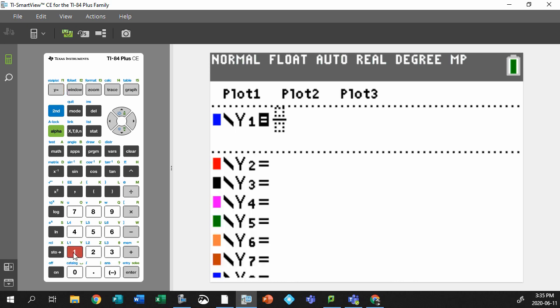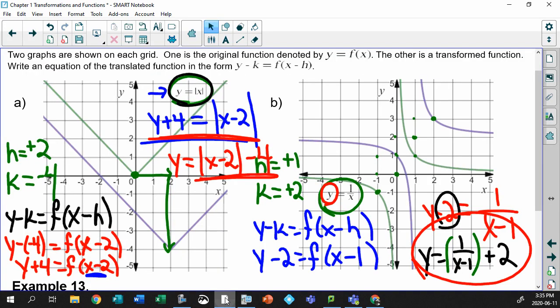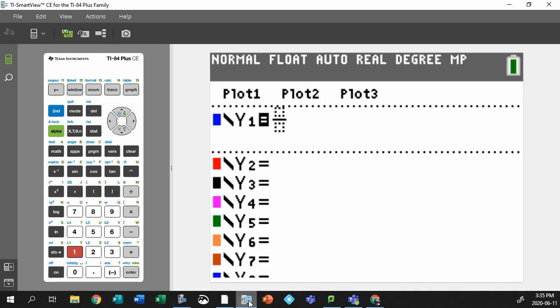If you press 1, watch what happens. There's your numerator. Do you remember what your numerator was? Your numerator was 1, and your denominator was x minus 1. You could put in 1, and then mouse down here and put in x minus 1. Then hit the arrow to the right, and there's your fraction.